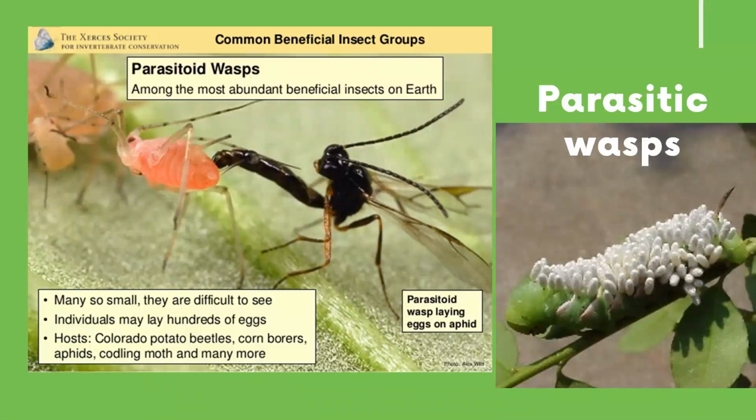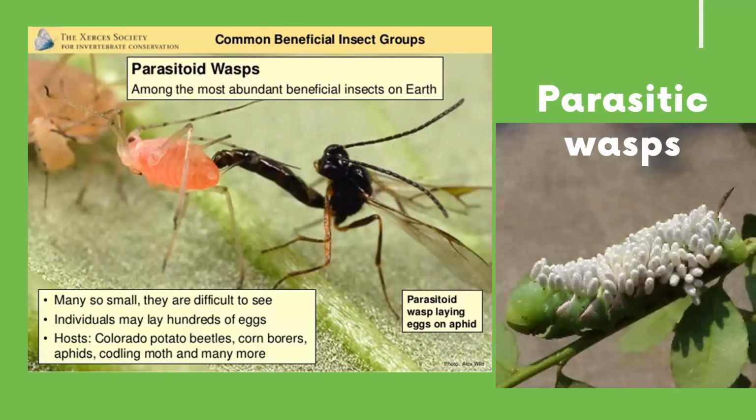So this is a tiny little aphid, and what he's doing is laying eggs on the aphid, not inside, sorry. And once the egg hatches out, it will eat the aphid and then do its whole life cycle that way. So some of them do lay their eggs inside.